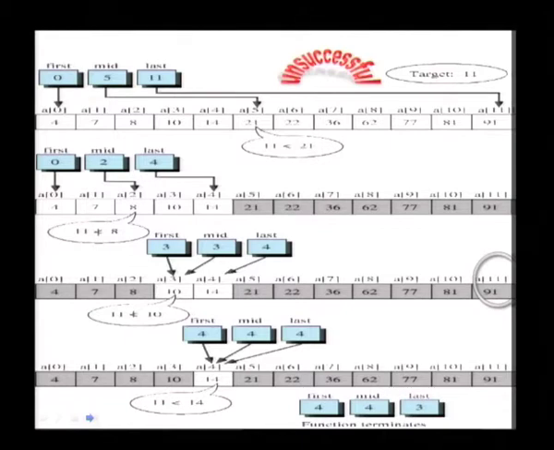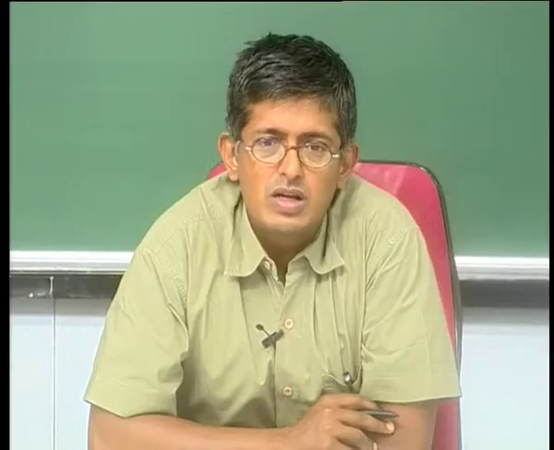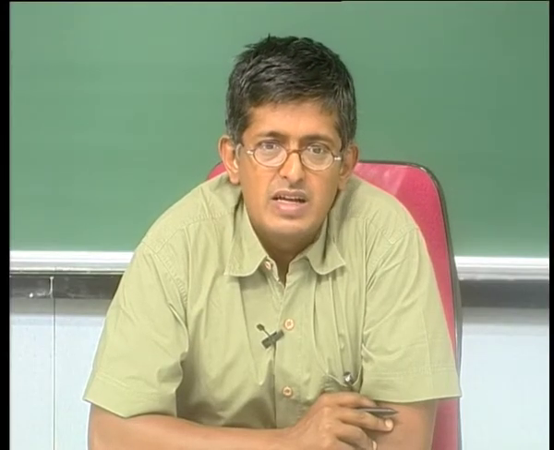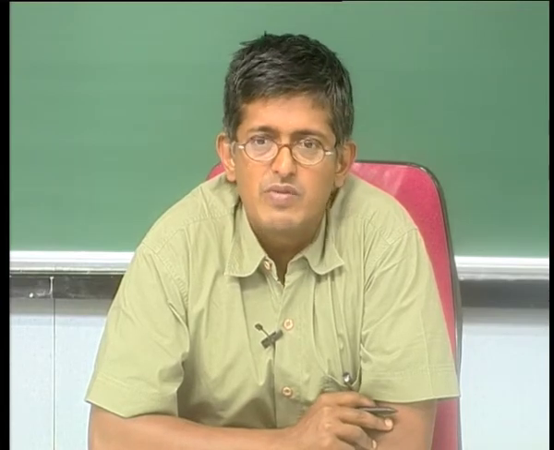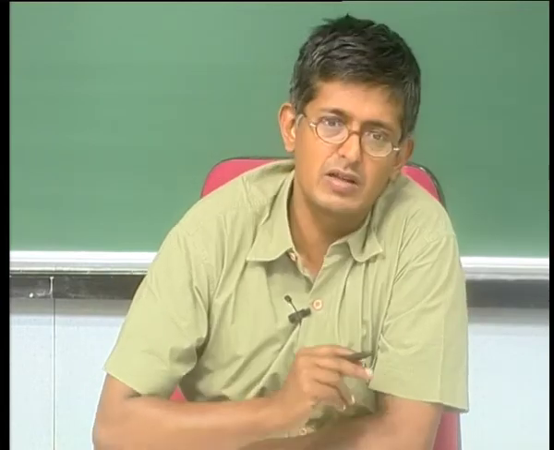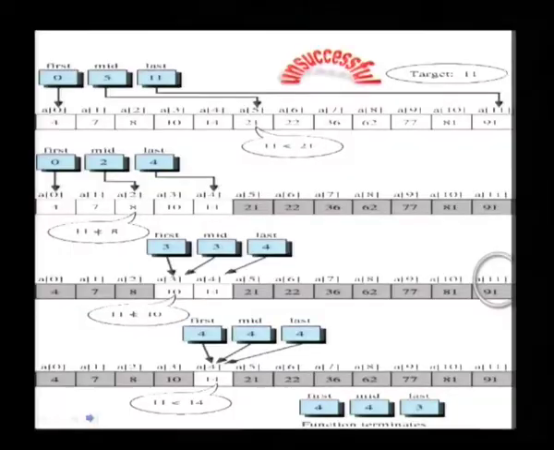So, this is very important. The termination condition for the algorithm is when first exceeds the value of last, at which point of time you can report that the key has not been found, and if the key is found, the value of mid, the location where the key has been found, will be reported as a return value of the algorithm. These are the two invariants which precisely map the presence or absence of a key from the array.